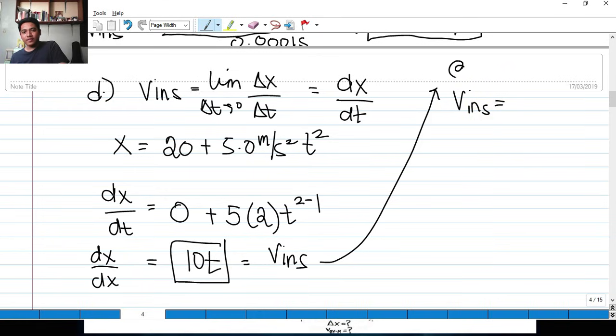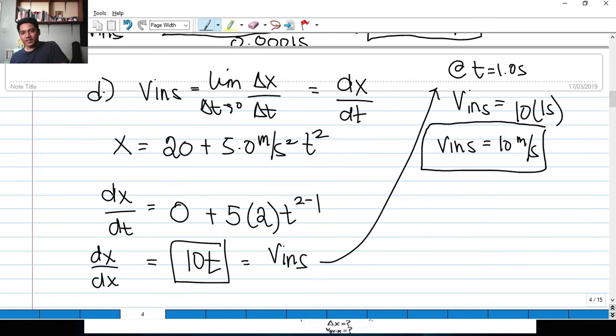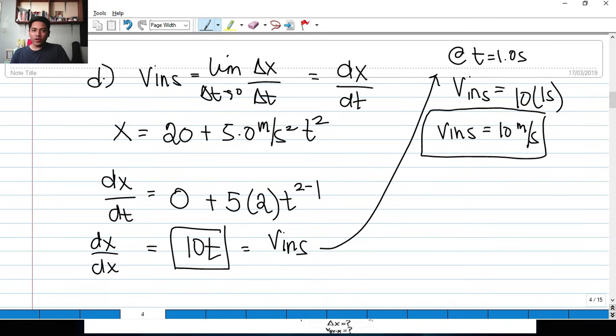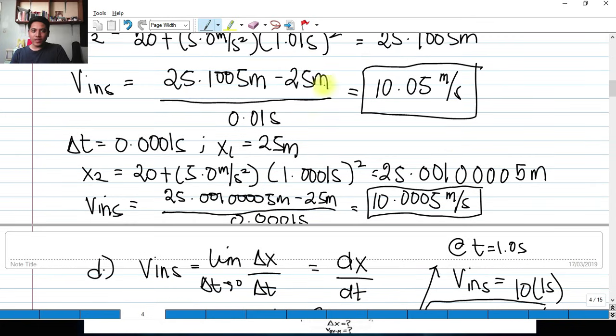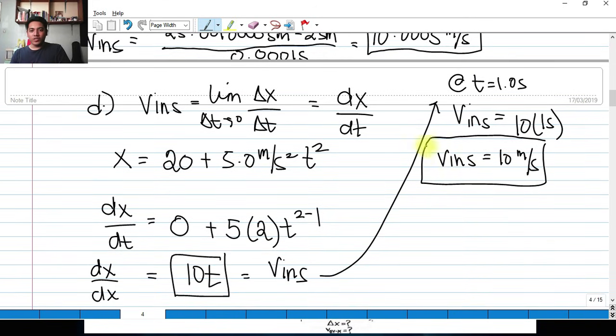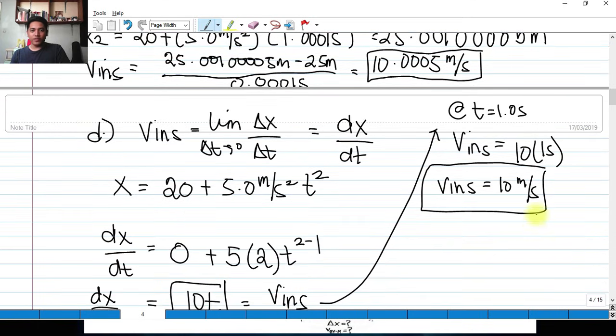At 1 second, the instantaneous velocity is 10 times 1 second, simply equal to 10 meters per second. And that is the answer that we were trying to get a while ago as delta t approaches 0. So we have concluded that our answer for letter C is correct, which is 10.